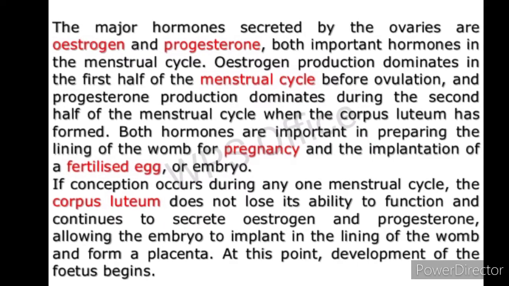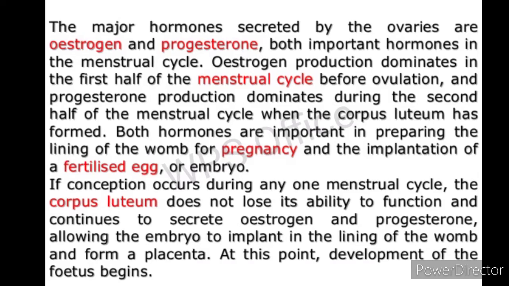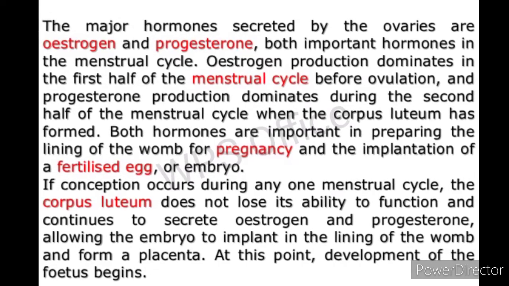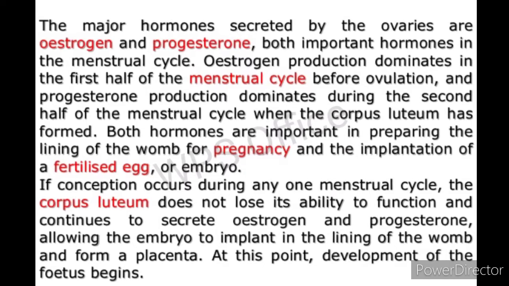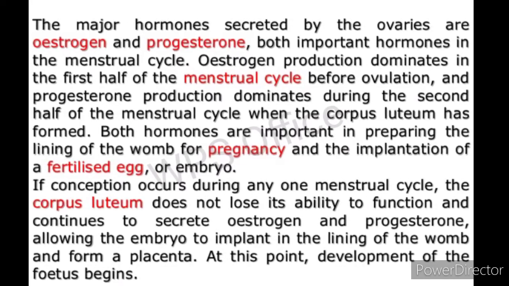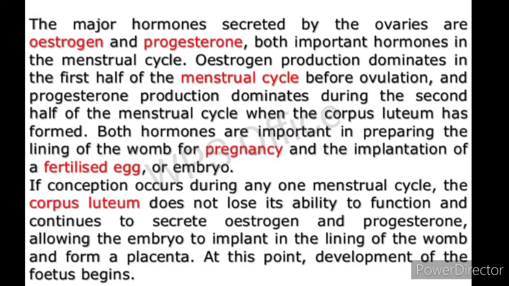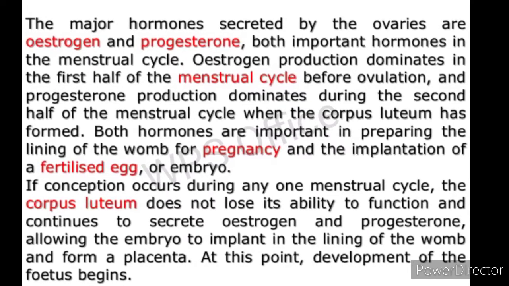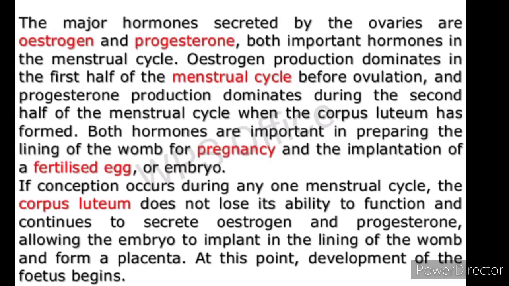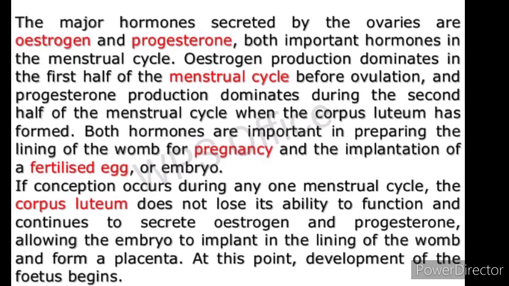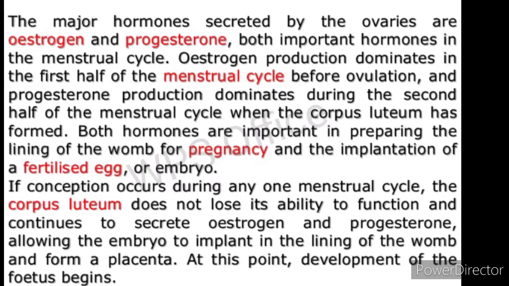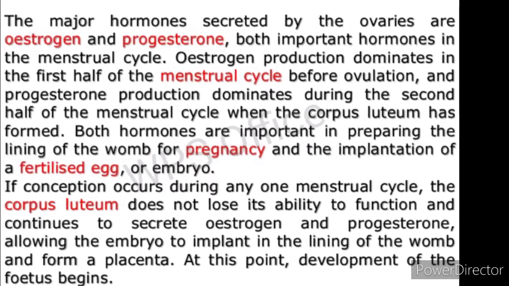If conception occurs during any menstrual cycle, then the corpus luteum doesn't lose its ability to function and continues to secrete estrogen and progesterone, allowing the embryo to implant in the lining of the womb and placenta. At this point, the development of the fetus begins. So the ovaries secrete estrogen and progesterone, and they help in maintaining the menstrual cycle and also during the development of the baby fetus.